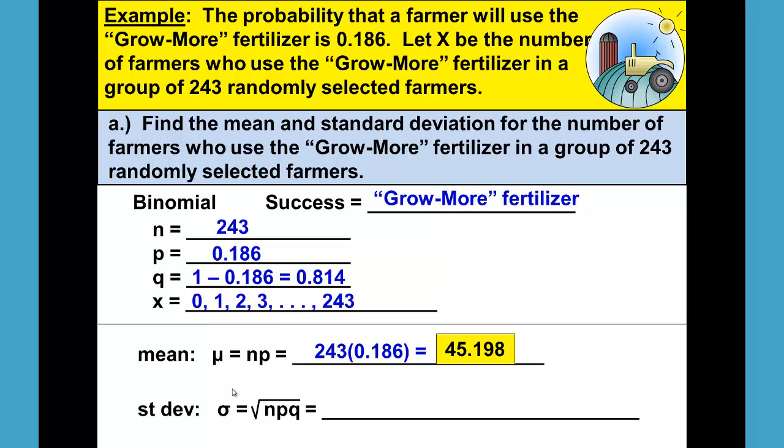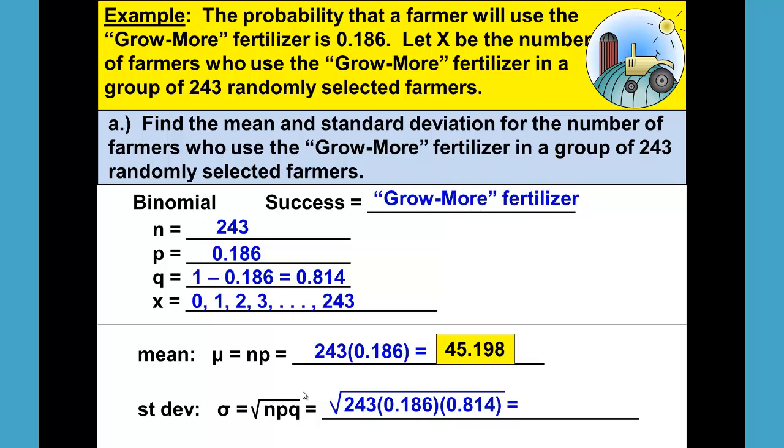Our standard deviation is given by the formula sigma equals the square root of n times p times q, which gives us the square root of 243 times p, which is 0.186, times the q, which is 0.814.